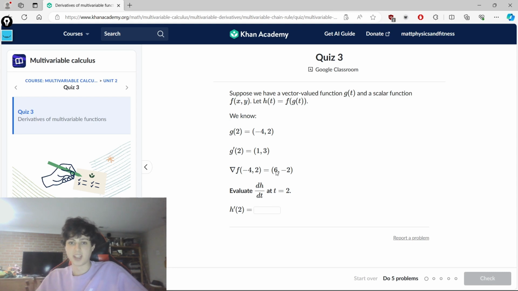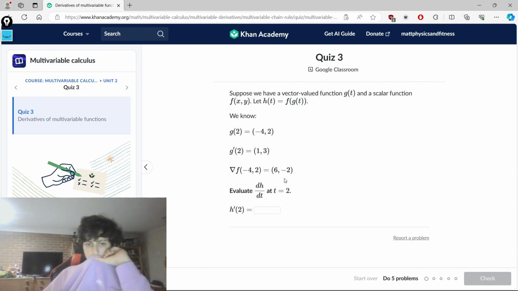I see. h of 2 is f of g of 2. g of 2 is (-4, 2), and f of (-4, 2) is... the gradient is (6, -2). Right? Oh, the gradient of f at (-4, 2) equals (6, -2).